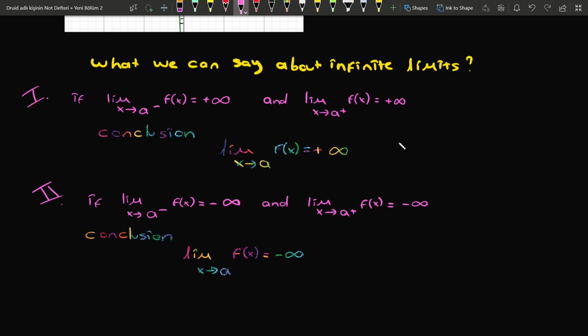We used to say this when it was an L value in the set of R, but now we're doing the same thing for infinity. If the limits from the left and right are negative infinity this time, our conclusion will be that the limit of f(x) as x approaches a is negative infinity.